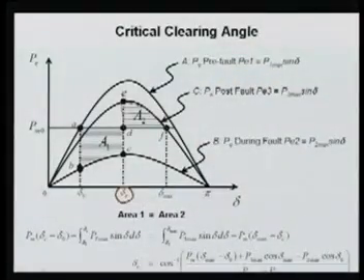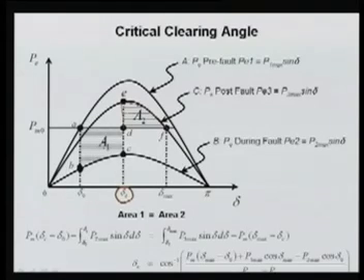We need to know this critical clearing time because we have to plan our system, meaning your protective devices including your relays as well as circuit breakers must clear the fault if any fault occurs before this angle, and we can also calculate the time. So this delta C is the deadline. Less than that, the fault must be removed, otherwise this generator will become unstable.